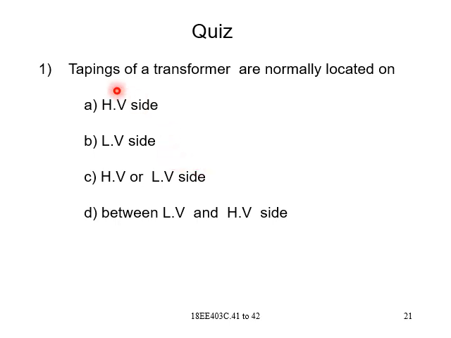So that is why the tappings are very easy to do on the HV side, and also the currents are less in order to avoid sparks in between the tappings. So that is why it is option A, HV side. Let us see it. So you can see HV side is the right answer.